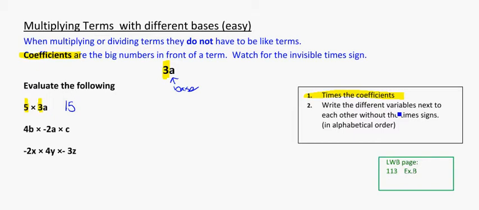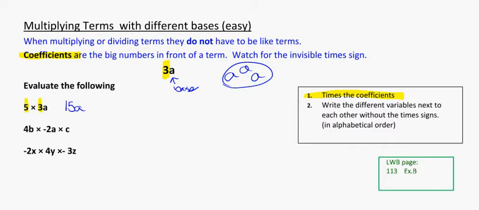And then if there's any other bases, we just write them out next to each other. There's no other a's, in fact there's no other b's or c's or anything, so it just becomes 15a. Basically what we're saying is that there's 5 lots of 3a's. So kind of like 3a just being a, and a, and a, 3 a's sitting around together. Times that by 5, you'll end up with 15 of them.